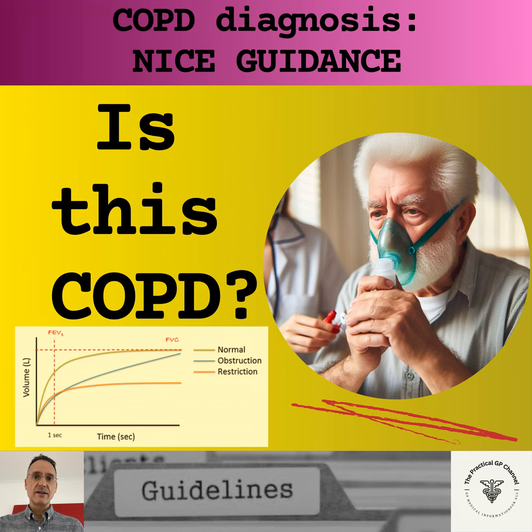Reversibility is considered positive if the FEV1 increases by at least 12% and at least 200 milliliters compared to the pre-bronchodilator test. However, some argue for an increase of at least 15% instead of 12%. So why does NICE say that reversibility testing may be unhelpful or misleading?